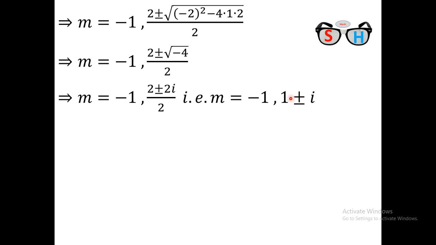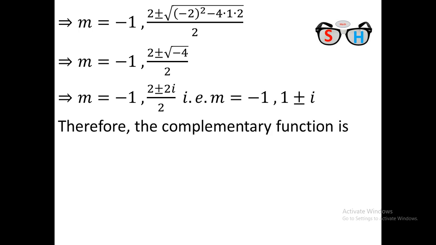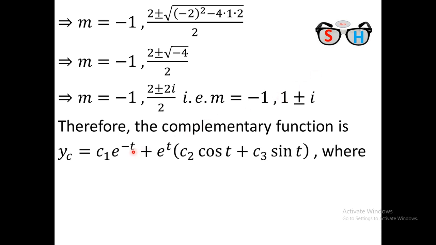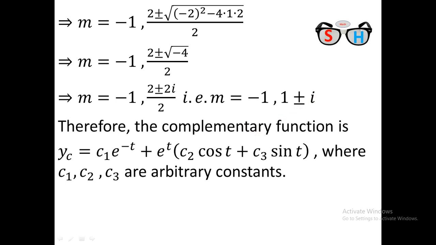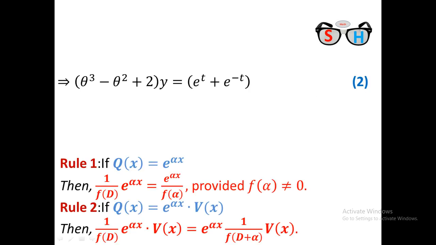Therefore it will be e to the power x into c2 cos x plus c3 sin x. Sorry, there will not be x, there will be t, because our differential equation contains the independent variable as t. Thus the complementary function is yc equal to c1 e to the power minus t plus e to the power t into that, where c1, c2, c3 are arbitrary constants.